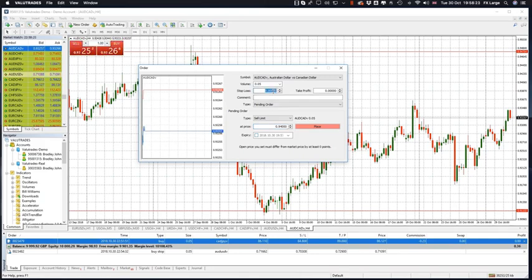We want our stop loss somewhere higher because it's a sell, so the stop loss must be above the entry point. So we'll call this 0.96. And we want to take profit. We're very, very ambitious and we're very optimistic that it's going to go down to 0.91.